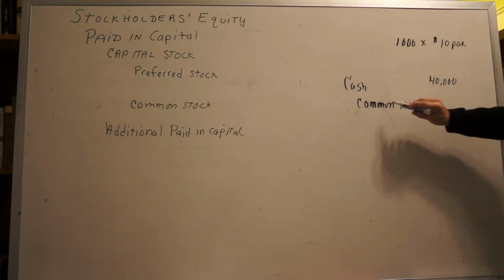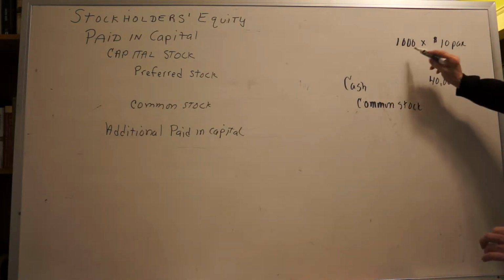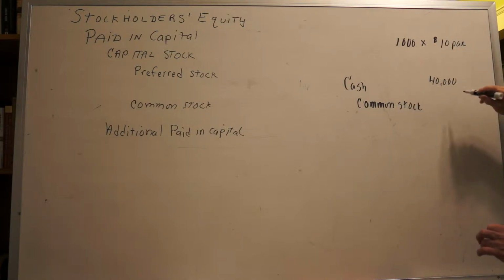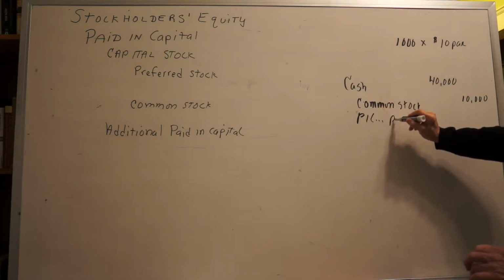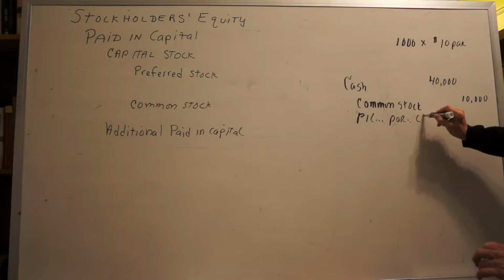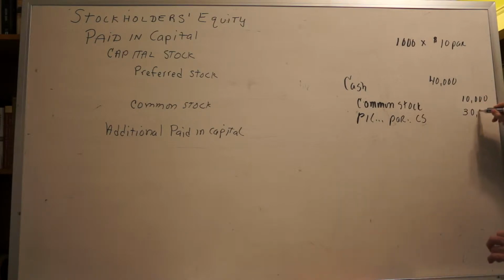The amount attributed to common stock would be 10 times 1,000, or $10,000, and the rest, the paid-in capital in excess of par value on common stock, would be $30,000.